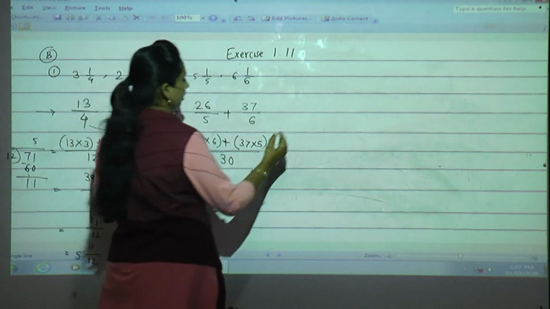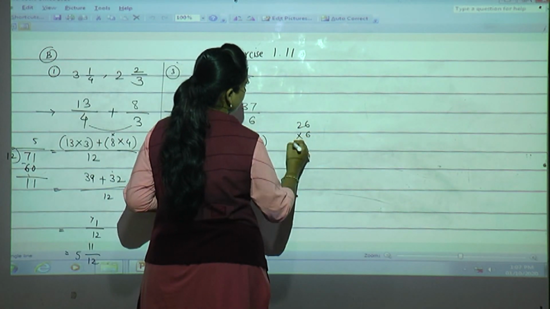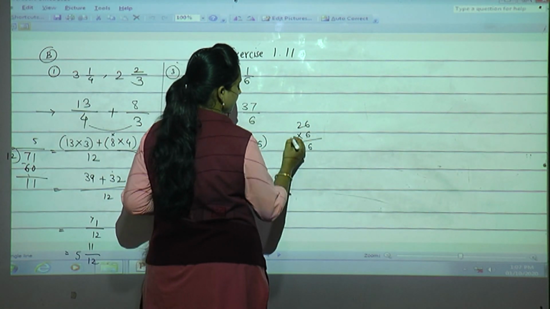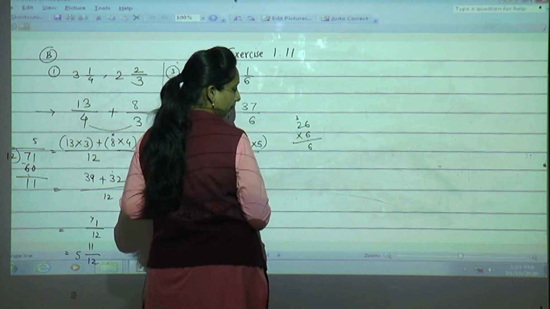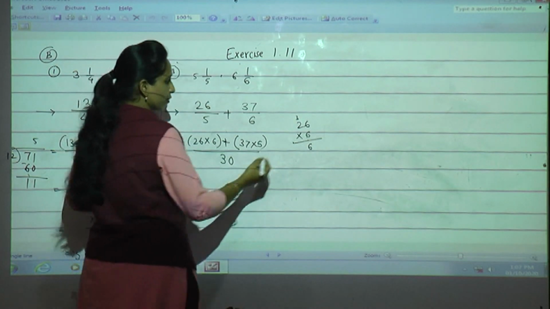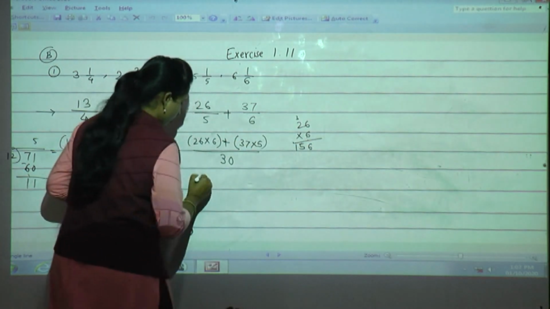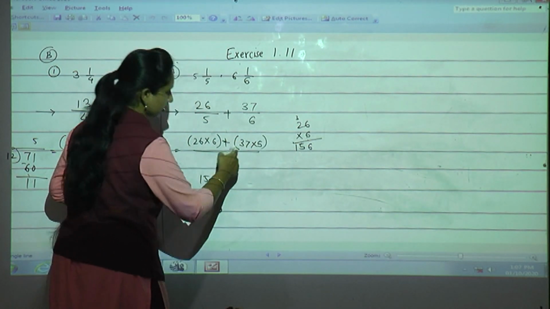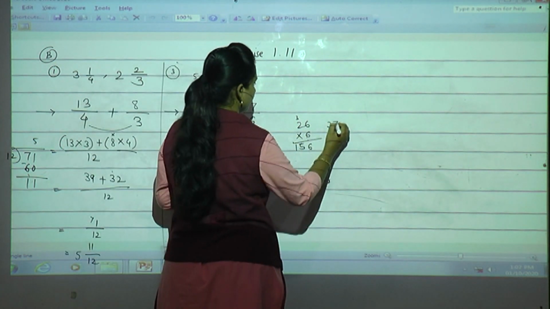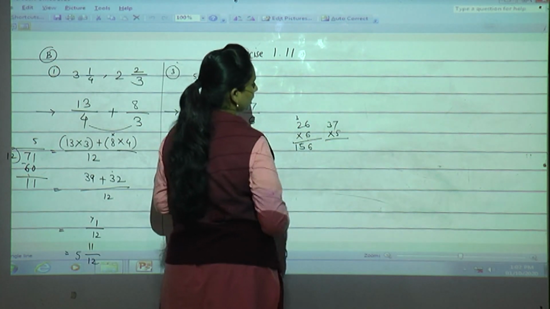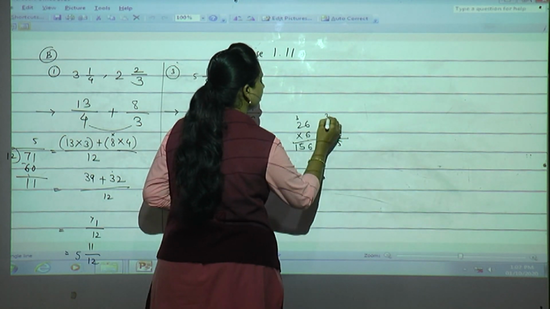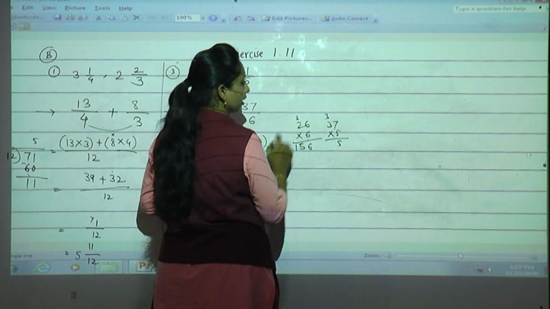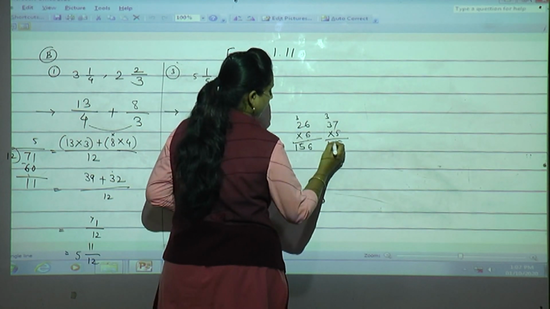Now we will multiply 26 multiplied by 6. 6 6s are 36. Carry 3. 6 2s are 12. 12 plus 3, yes, 15. So 156 plus. Now this multiplication we will do, 37 multiplied by 5. 5 7s are 35. 5 3s are 15. 15 plus 3, 18.